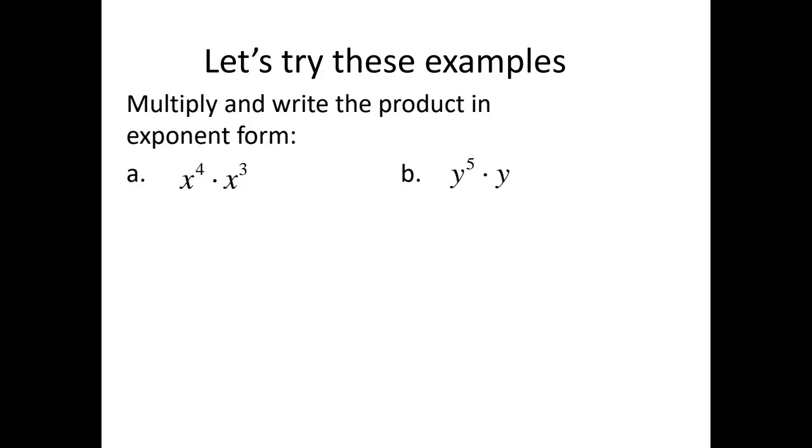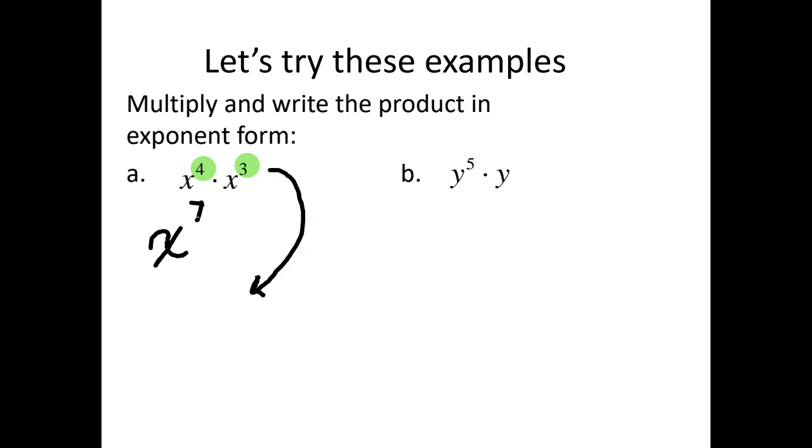Right here, they want you to write this product in exponent form. Well, I have a 4, I have a 3. X is down below. Now, this will give me the answer of x to the 7th power.